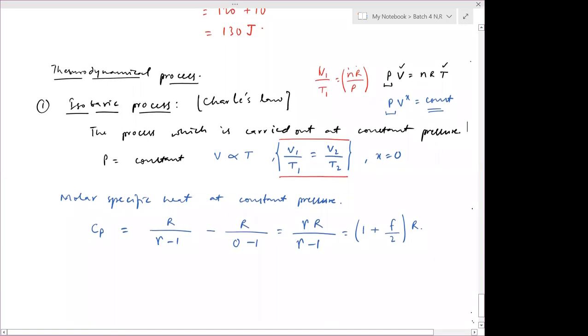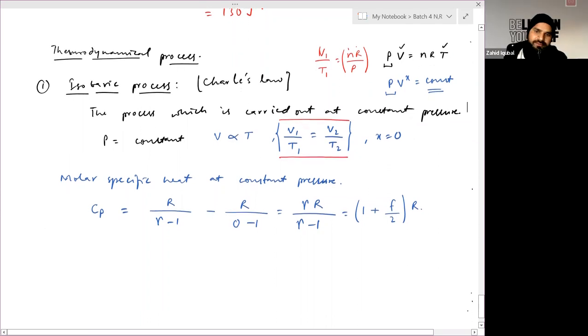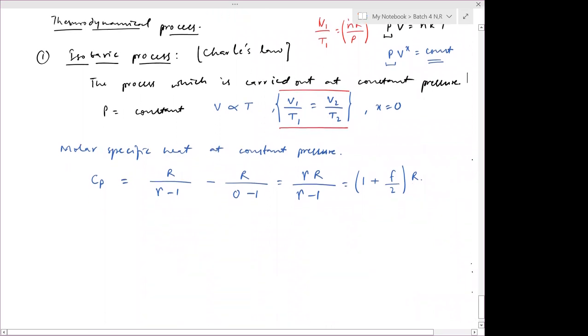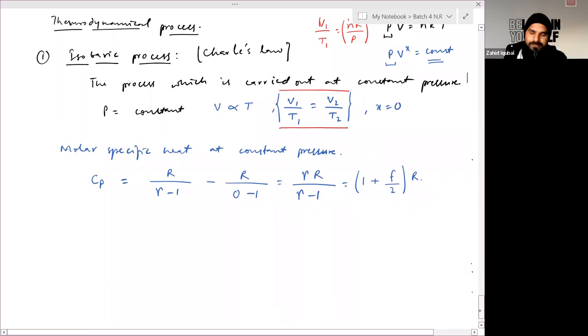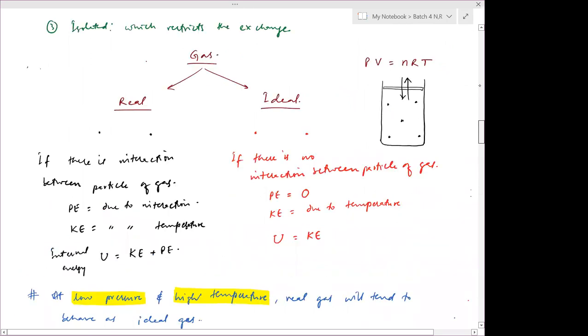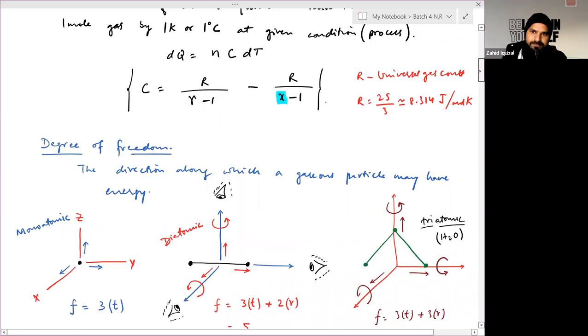Okay. Now, related to every process, we have to draw a graph. And the CP formula, did you give it last class? Yes. Okay, that's right. Even the formula for degree of freedom, you gave it last class, right? Just see here. Oh, okay, sir.